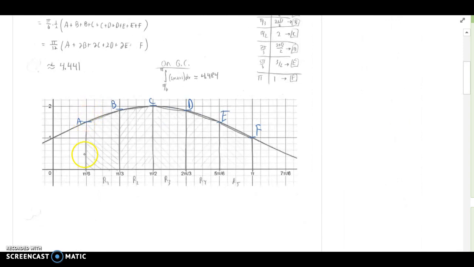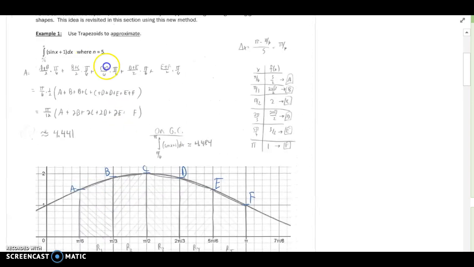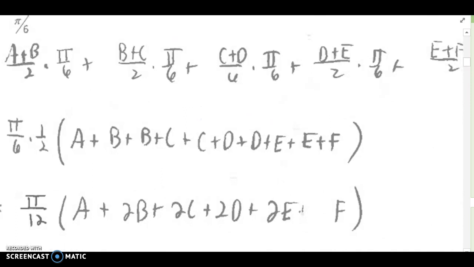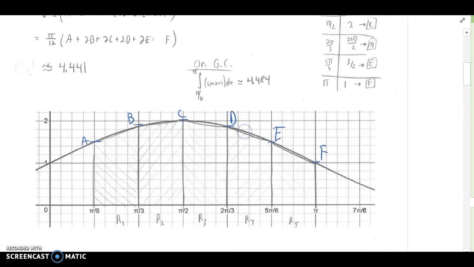So A plus B divided by 2 times pi over 6, that's region 1. That's what I have right here. The next region is going to be B plus C divided by 2 times pi over 6. Then the next region, C plus D divided by 2 times pi over 6. So this is giving us the area of all those different regions.